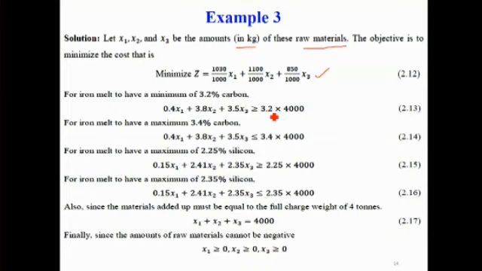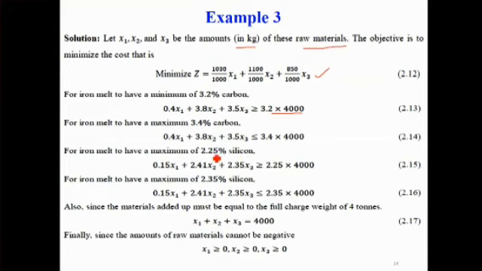We are dealing with 4 ton, which is 4000, so we multiply by 4000: 3.2 into 4000. Similarly, the maximum is 3.4% carbon, meaning below that is possible. So 0.4 x1 plus 3.8 x2 plus 3.5 x3 should be less than or equal to 3.4 into 4000. Clear?